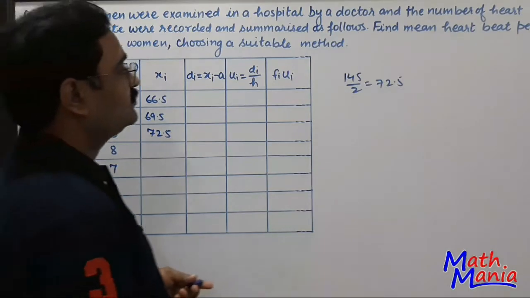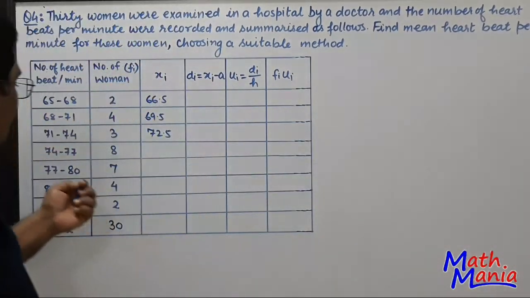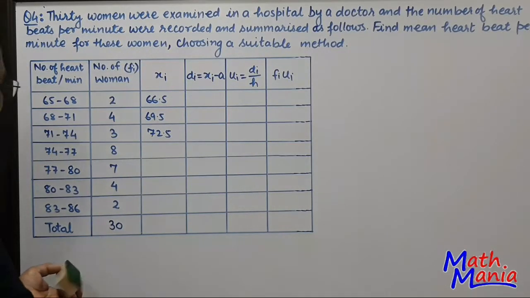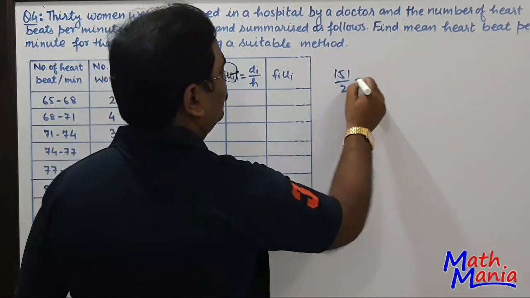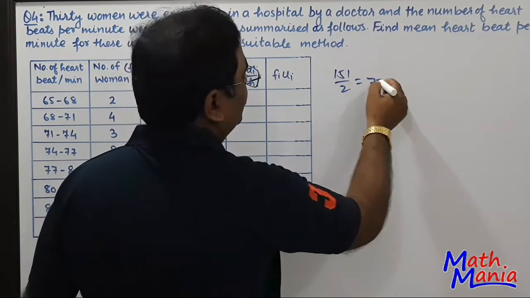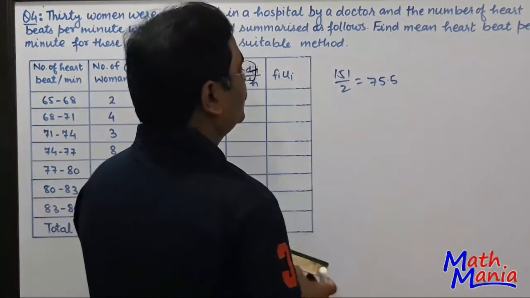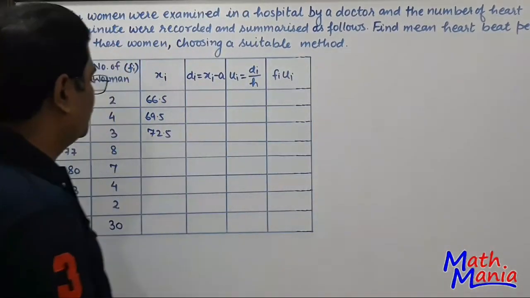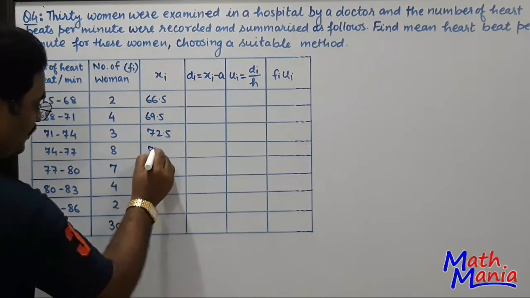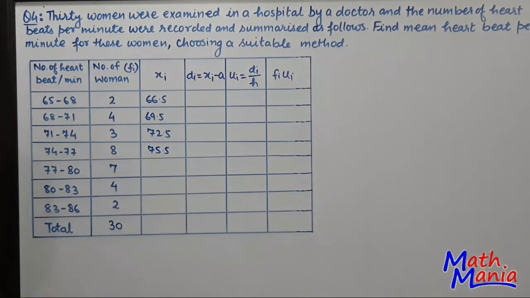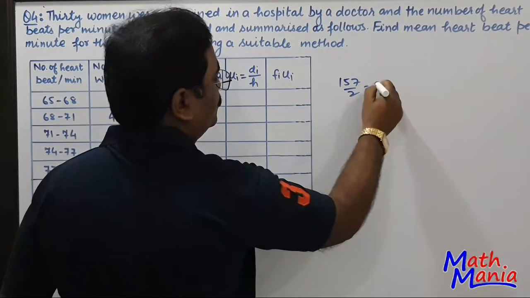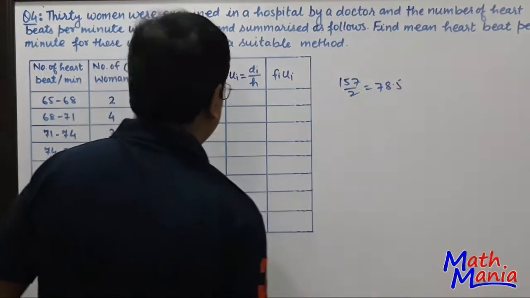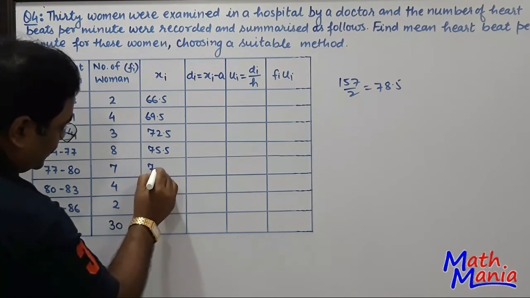Next, the sum of these two numbers, 74 plus 77 upon 2, which is 151 upon 2, which is 75.5. Then 77 plus 80 is 157, upon 2 is 78.5.